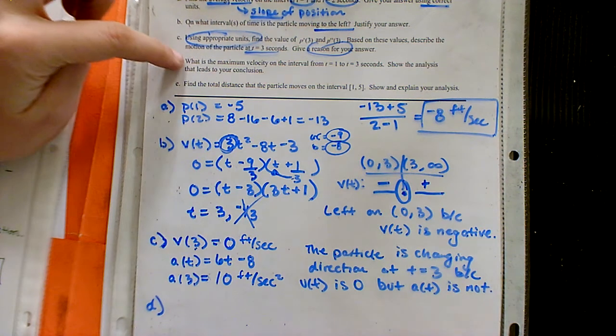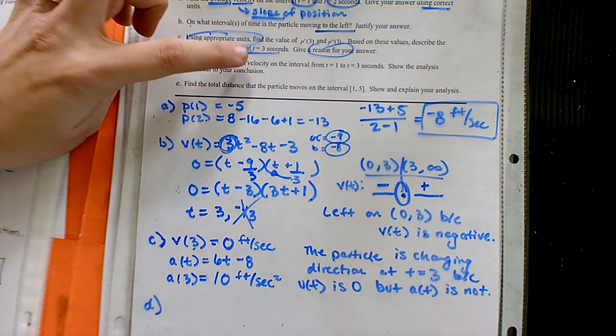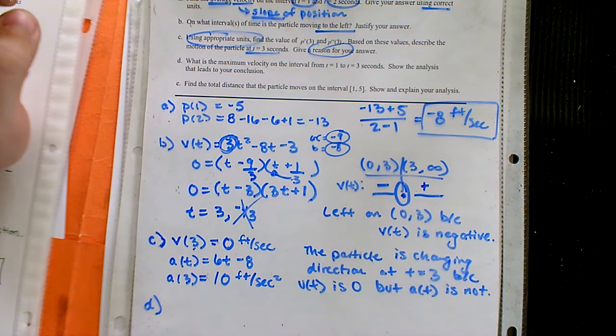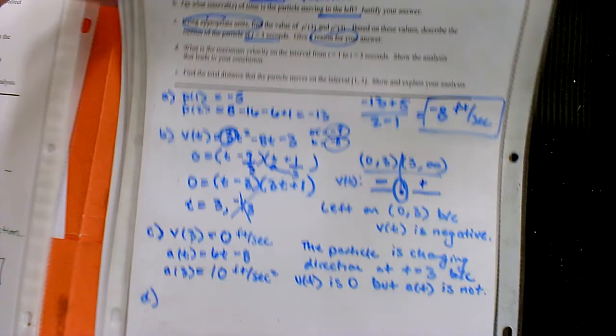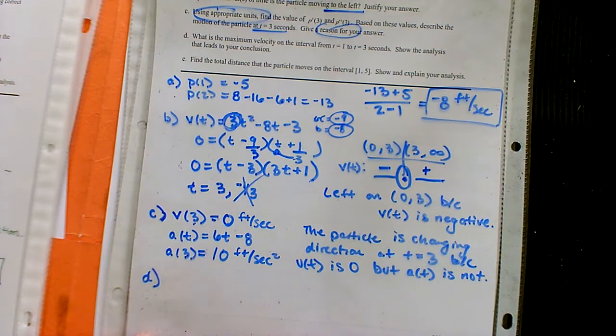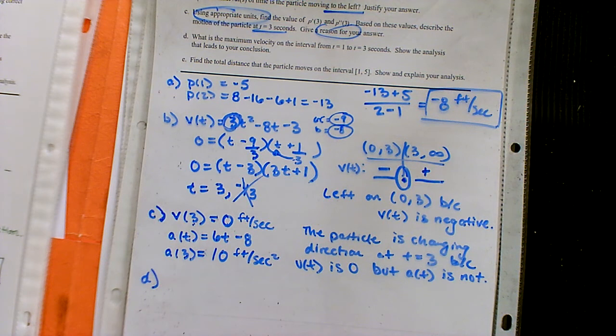All right. D, what is the maximum velocity on the interval? How can we figure out the highest velocity? Find the max, aka slope of 0, right?